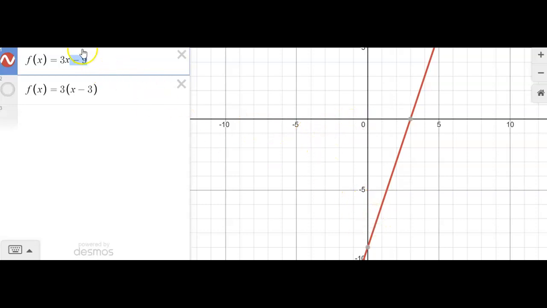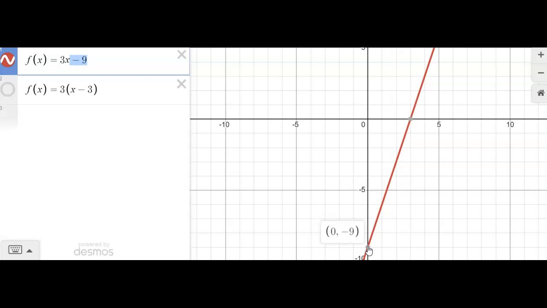You can see that the slope is 3 by starting at a point, any point on the line, and going up 3 and over 1, and you see that you're still on the line. So that shows that the slope is indeed 3. You can also see this y-intercept, because here, where x is 0, y is -9. So that matches what our function or our equation says.